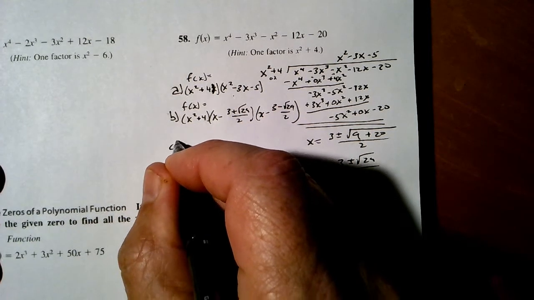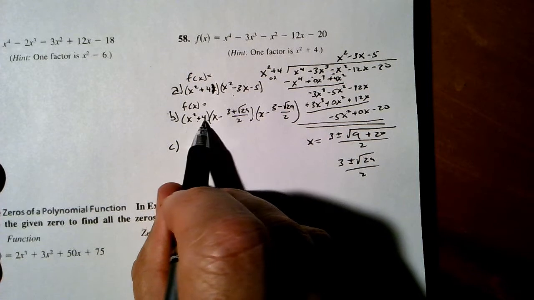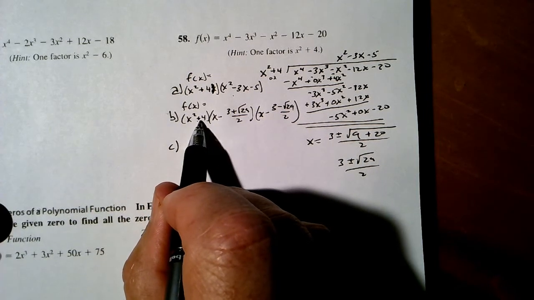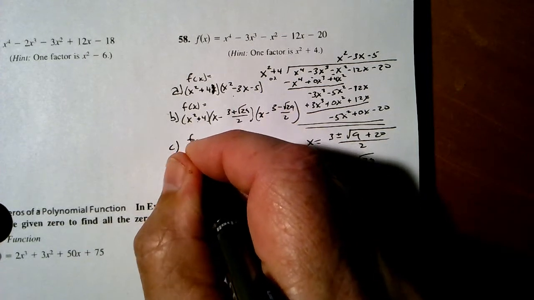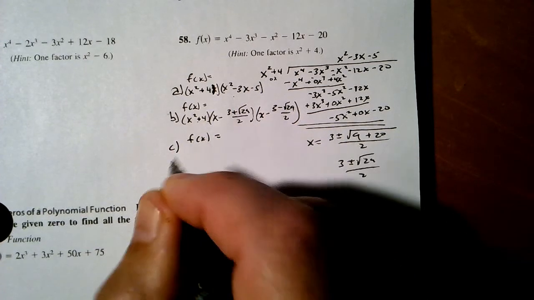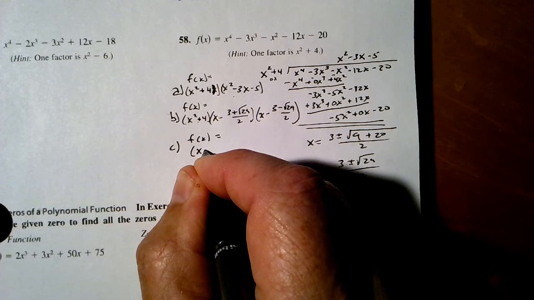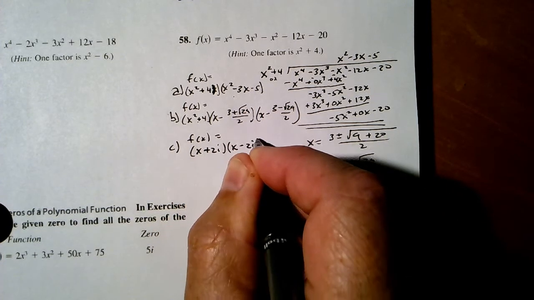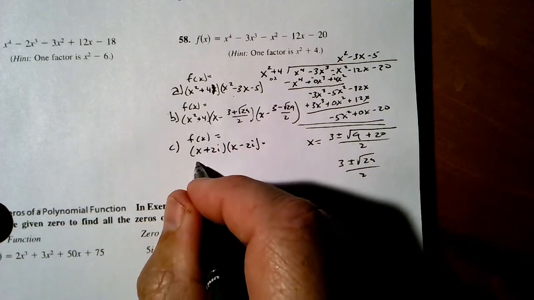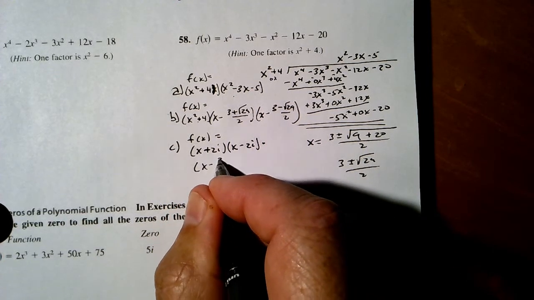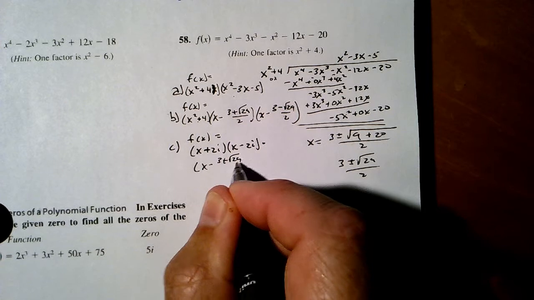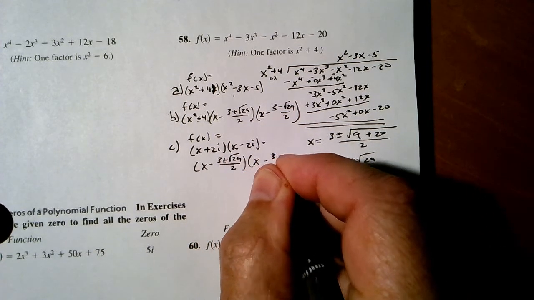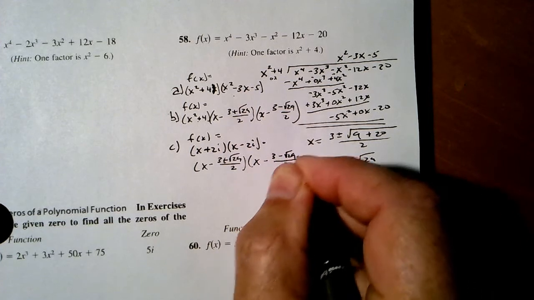And C, now we got the easy part. We can factor x squared plus 4. The sum of perfect squares is factorable if I can use i's. So f of x equals, let's see, x plus 2i times x minus 2i times x minus 3 plus square root of 29 on 2 times x minus 3 minus square root of 29 on 2.